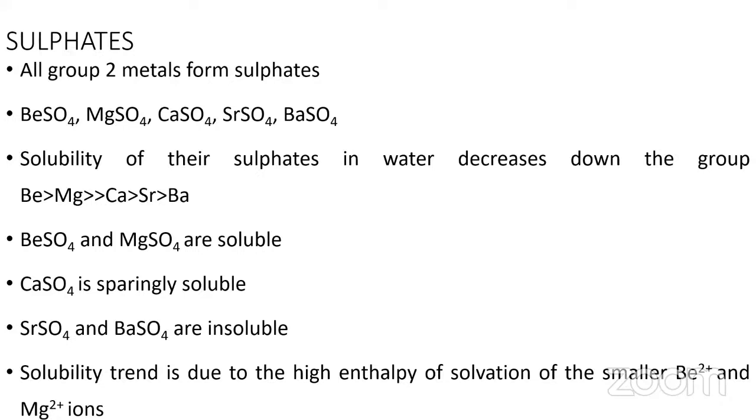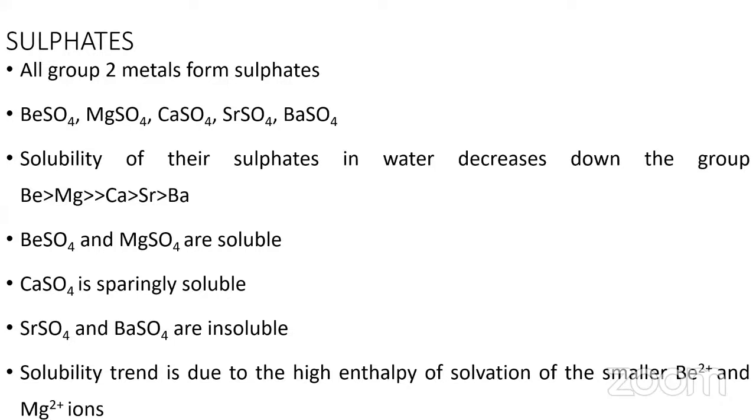Now, for the sulfates, the solubility of the sulfate in water decreases down the group. And this is because of the small size of your beryllium and your magnesium. You see that your beryllium and your magnesium will be more soluble.